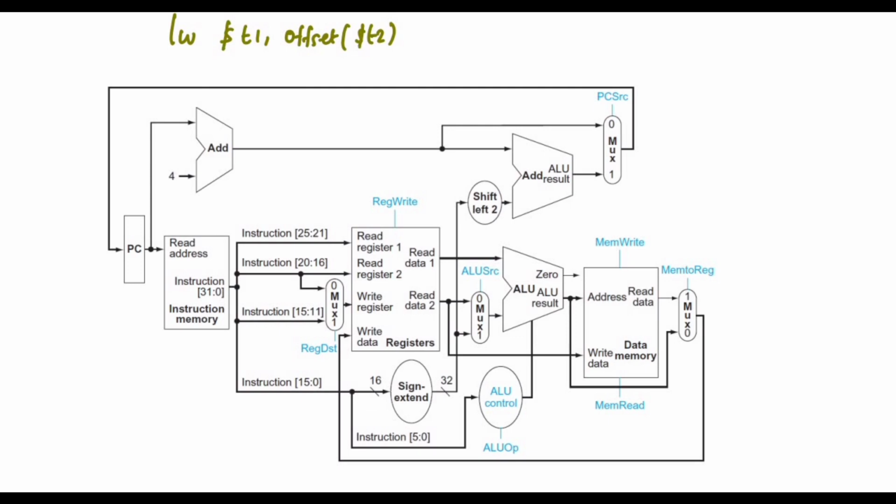First, what does load word mean? I'm going to store the data from the offset plus T2 into T1. This is my destination, RT, and this is my RS. The first step is that the instruction is fetched from the instruction memory.